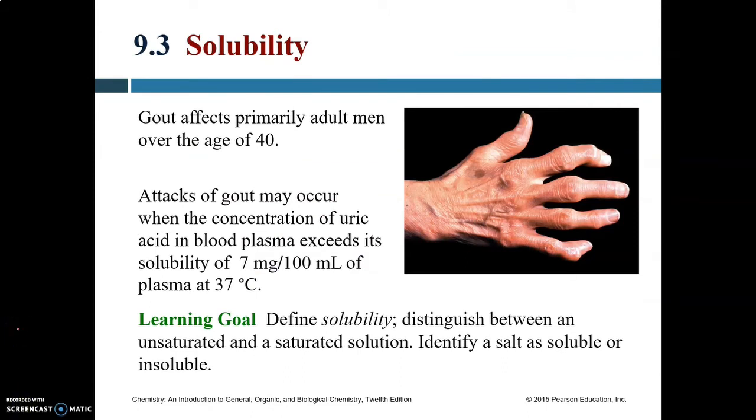In order to properly understand how the solutions are formed, we need to discuss the concept of solubility. For example, when the concentration of uric acid in plasma exceeds a certain level, 7 milligrams per 100 ml, which is the solubility of uric acid, uric acid starts to deposit at the joints, causing what's called gout.